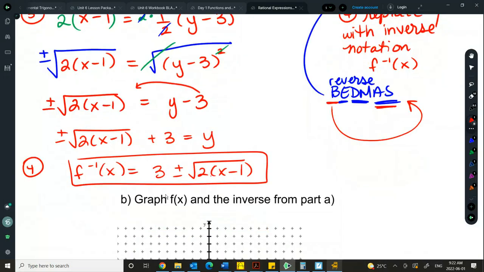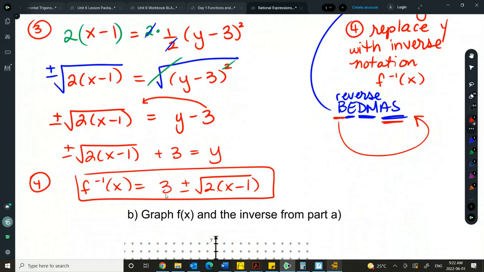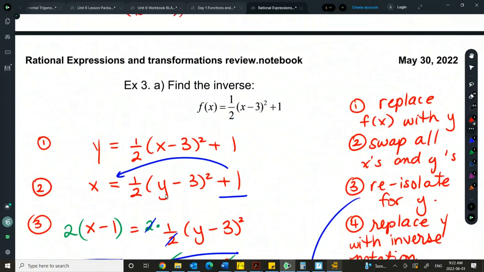Okay, let's talk about graphing inverses now. If I want to graph this inverse function, I actually don't even need to be able to correctly find the equation of the inverse. If I can figure out transformations from the original function, what did we talk about doing with the original function once we've transformed it? What's the quickest way to find the inverse points? Ella? All you have to do is swap the x and y.